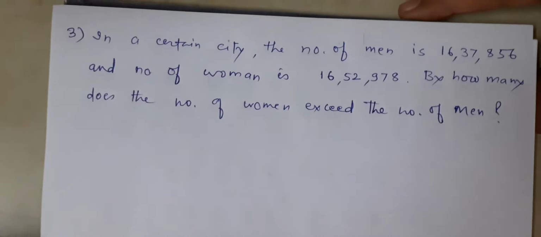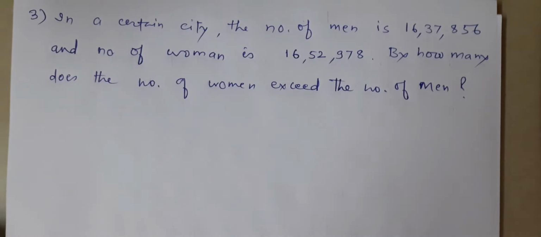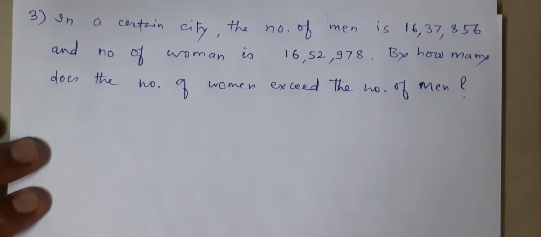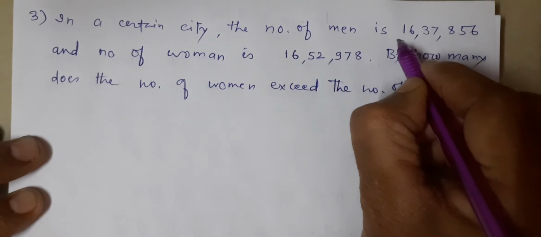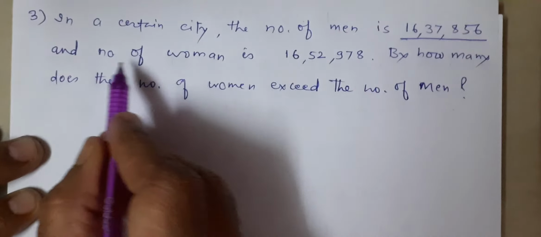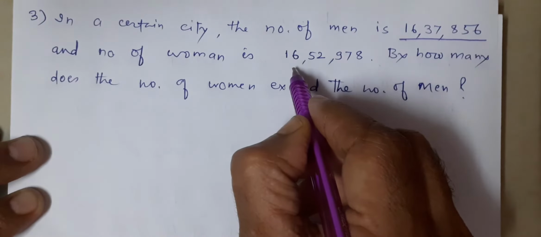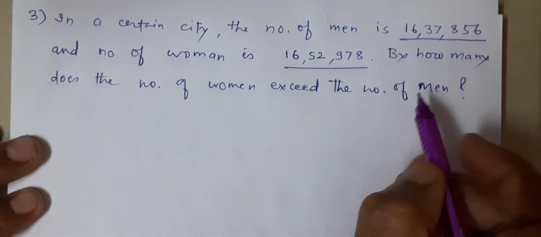Then we have to see the third example of problem set 12. In a certain city, the number of men is 16 lakh 37,856 and the number of women is 16 lakh 52,978.